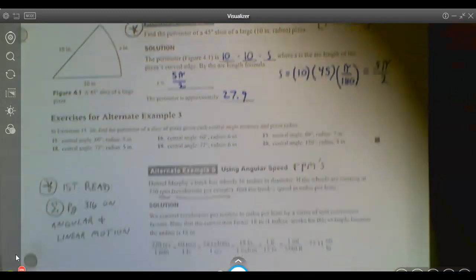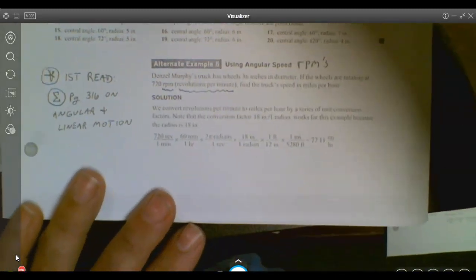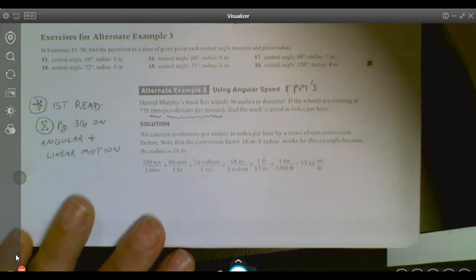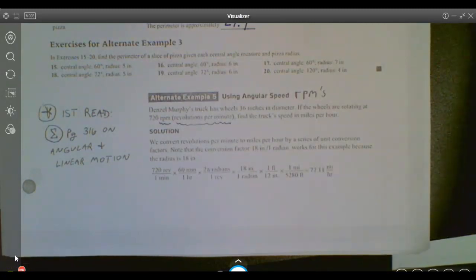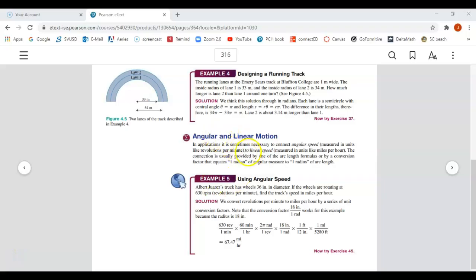All right, moving on to example 3. We're going to take a look at something out of your book real quick before we get into this example. Let me switch over to page 316. Here's a little something on page 316 that talks about the difference between angular and linear speed. Kind of interesting. If you actually look at your dashboard on your car, you'll see.